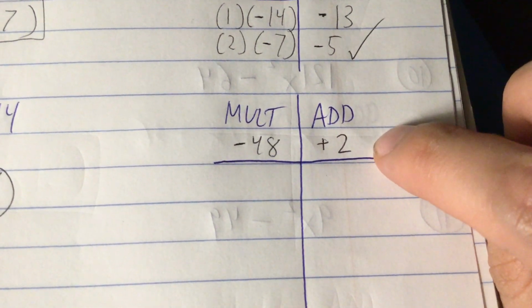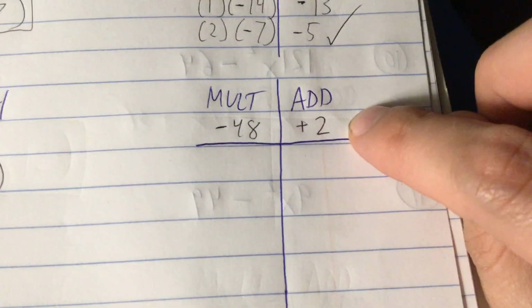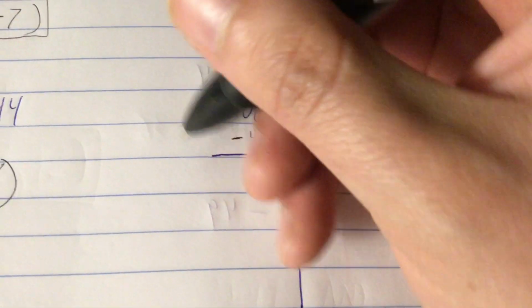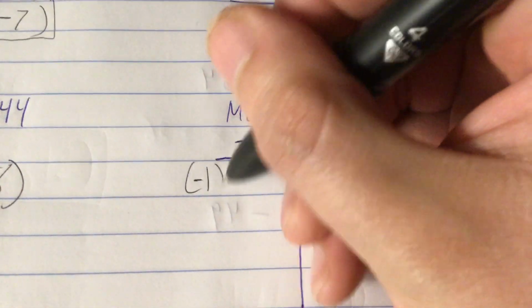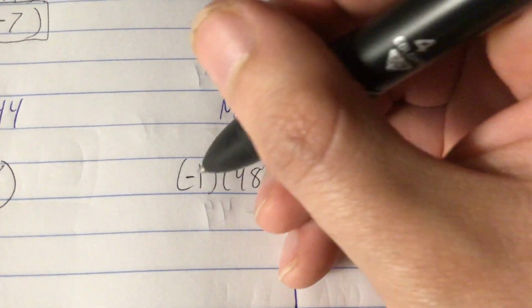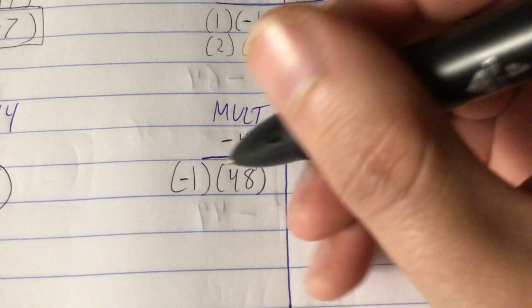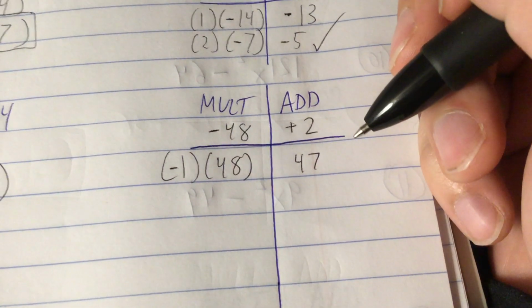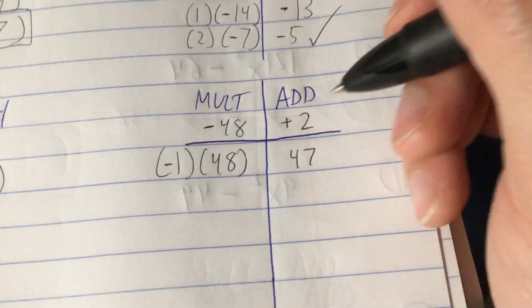But that plus 2 tells me that the stronger positive will be one of the factors. Weak negative, strong positive. So let's go with the first weak negative, strong positive combination. Negative 1 times 48. Negative 1 times 48 is negative 48, but negative 1 plus 48 is positive 47.